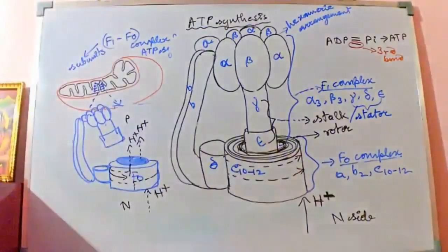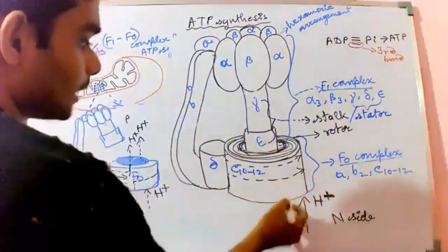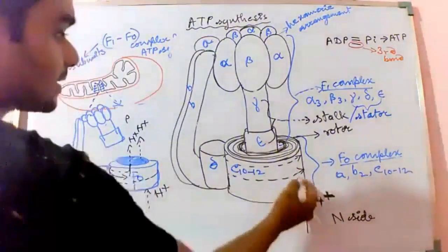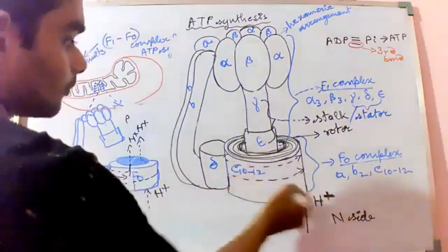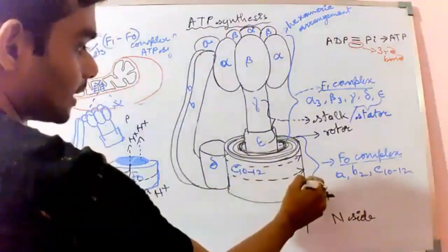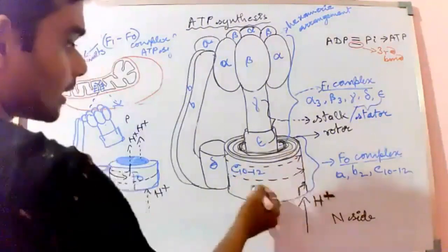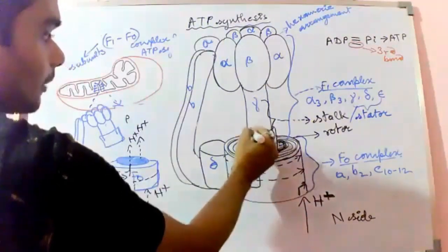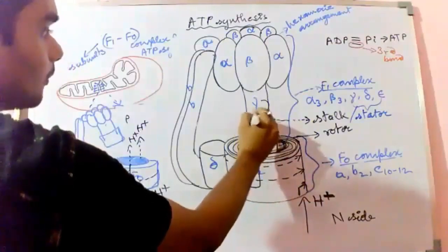And once it rotates, the hydrogen ions, the H plus ions, which are coming from the inside, get rotated along with it crosswise. Then it comes here and is pumped out like this, at this place.